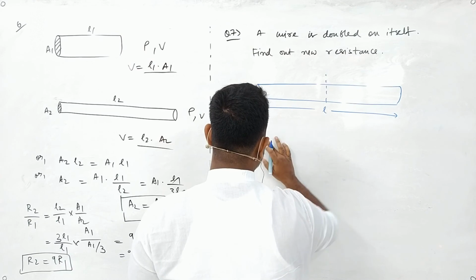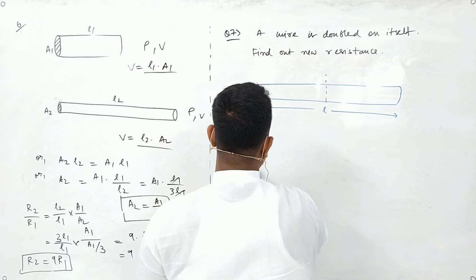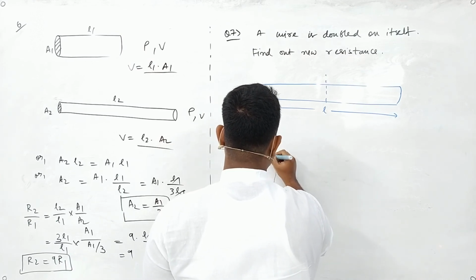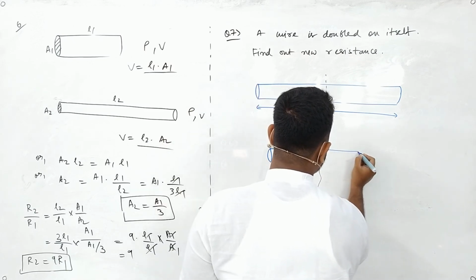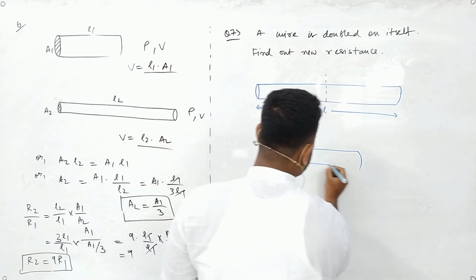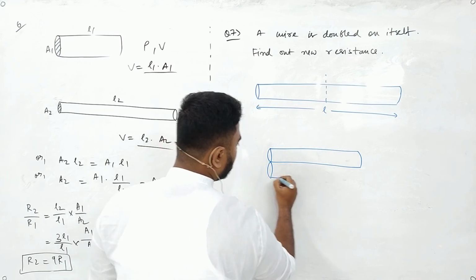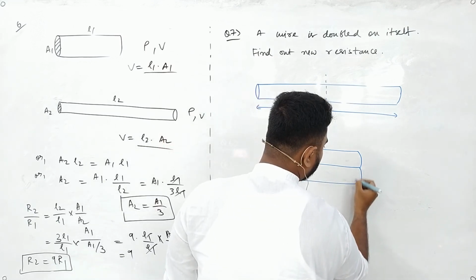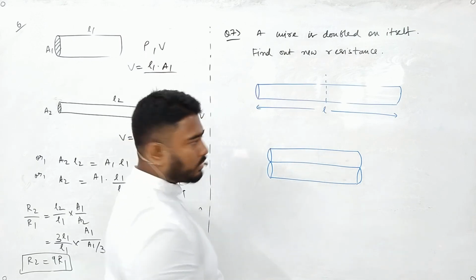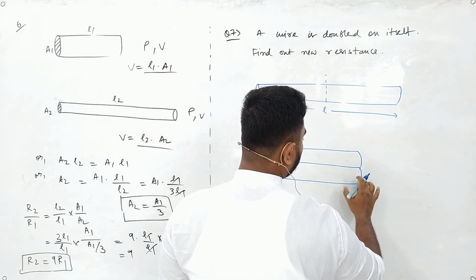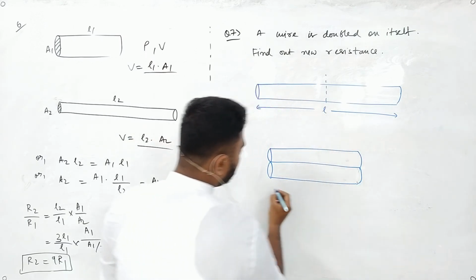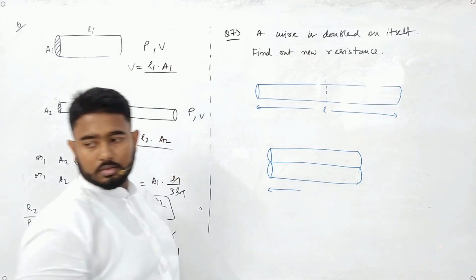So if I am doing that, that means I am doubling the area and halving the length. Now tell me, if this is of length L, what is the new length?